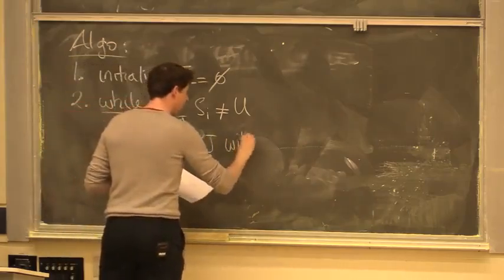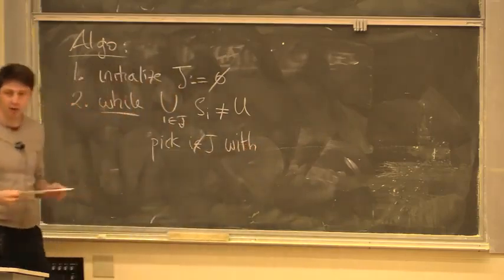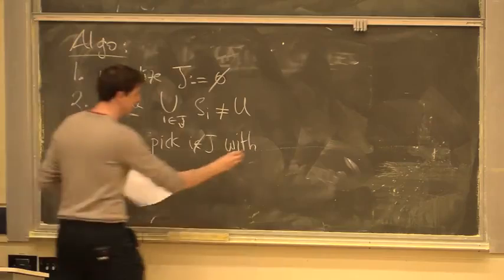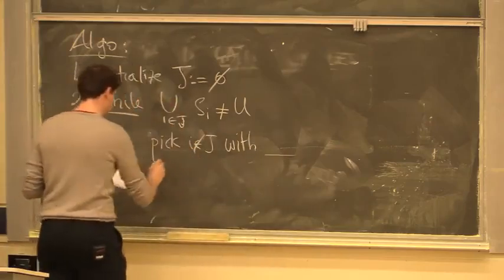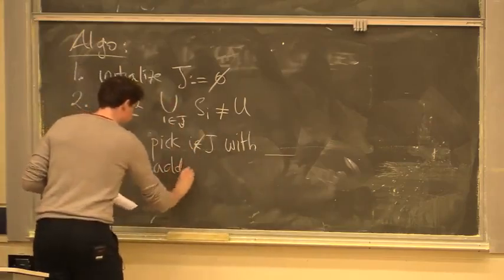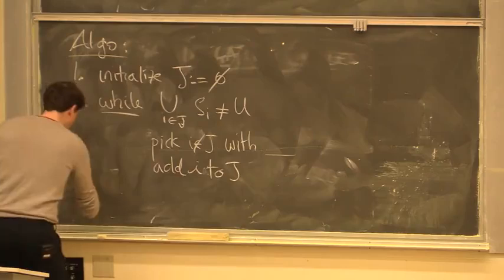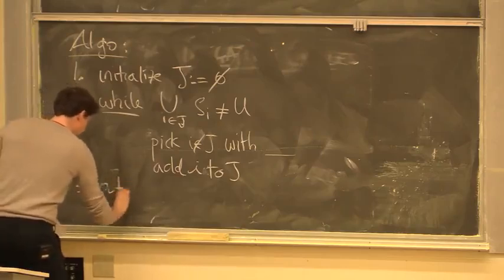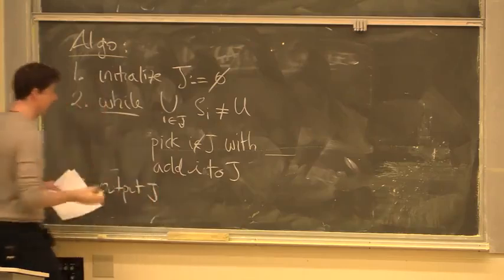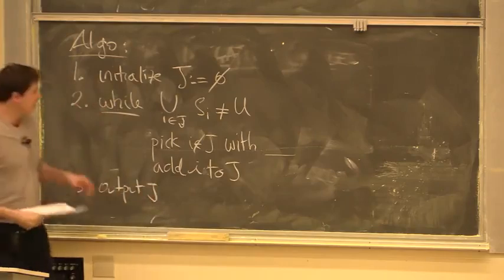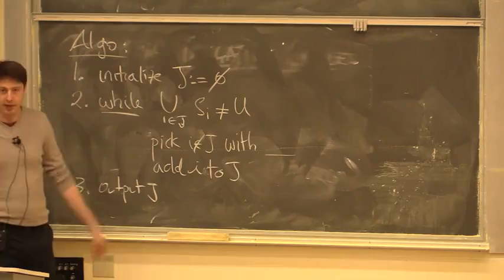And now we have to make a choice in our greedy strategy, with some property, so we're going to think about it in a moment. We're going to add Sj, and then we're going to output the result. So what is a natural greedy strategy in this case?